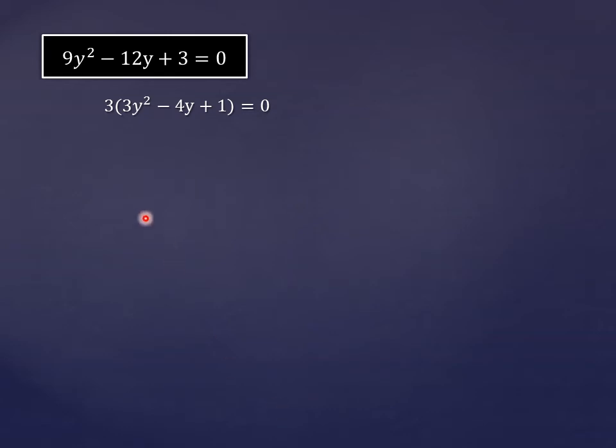But in this question, you can see 9, 12 and 3 all go to the table of 3, which means we can have a common digit here. So we will take common first. 3 is the common digit. In the bracket we will have 3y square minus 4y plus 1 equals to 0. Taking 3 to the other side, it will become 0.